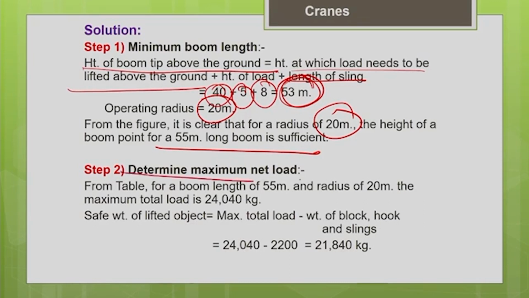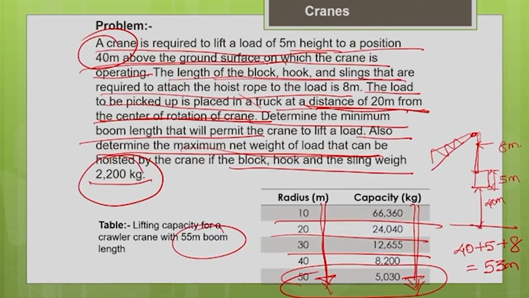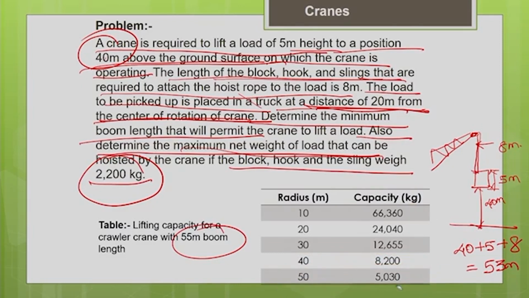Now, you determine the maximum net load using the load chart. For the 55 meter boom length, the load chart is given to you. For the 55 meter boom length, you can vary the radius by changing the angle of inclination of the boom. Say the working radius needed is 20 meters.